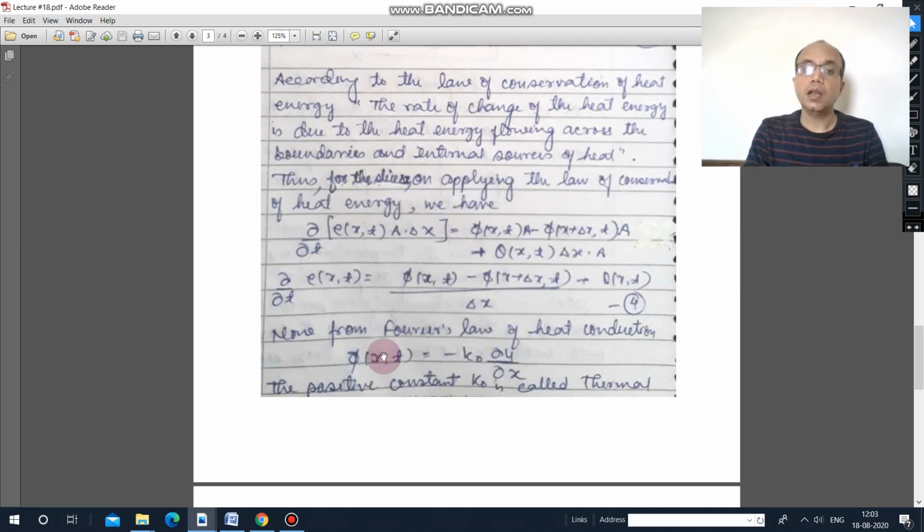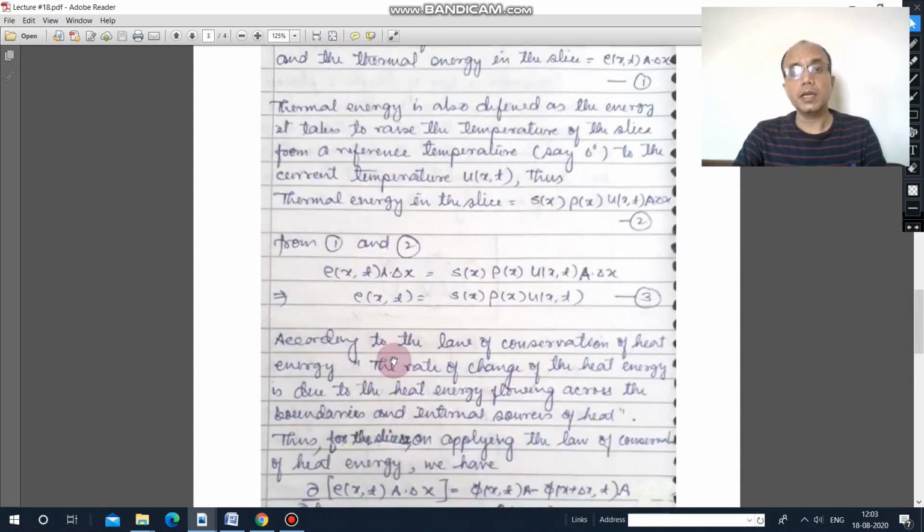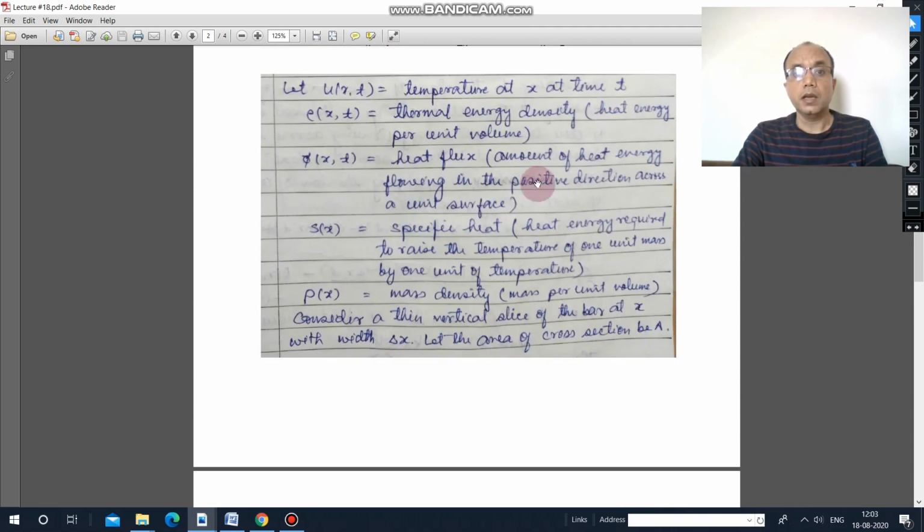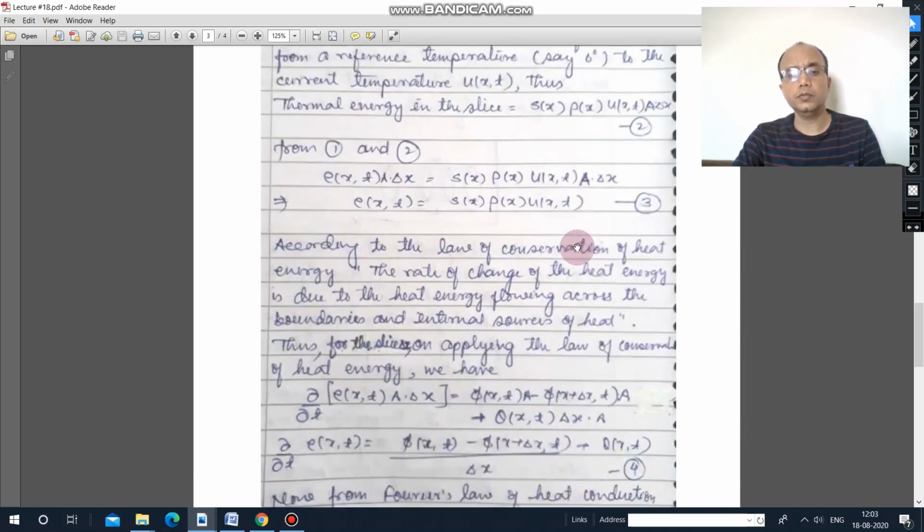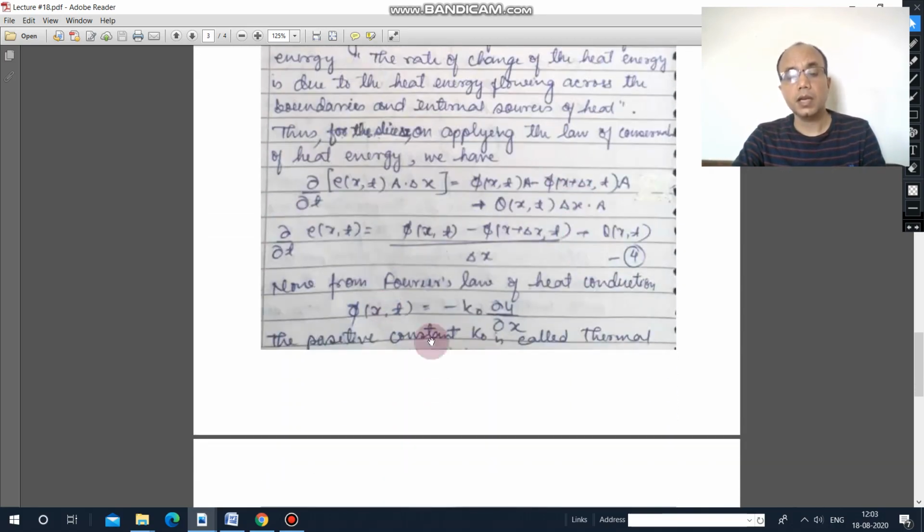Clear? Now from Fourier's law of heat conduction, look at it again. Heat energy flowing in the positive direction across a unit surface. So this phi(x,t) is proportional to the change in temperature with respect to the distance. Why is it?